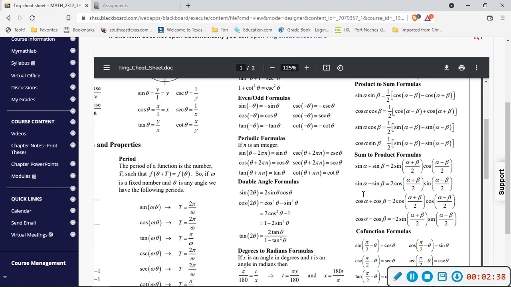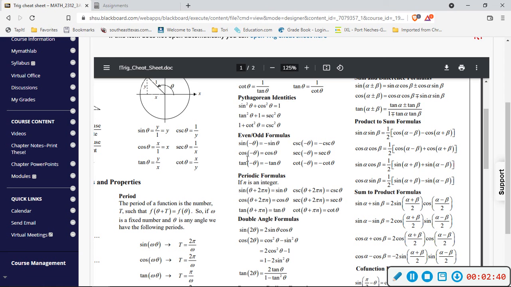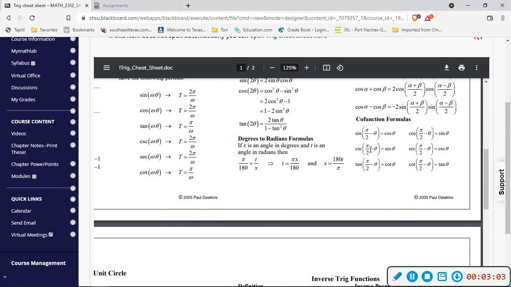So if we go up, we have some even odd functions, so it shows us what happens. When you deal with CSC and you have a negative inside, that negative will transpose outside, so it'll just multiply the outside by a negative. So using that property, we're going to multiply this function by a negative because the signs have changed.